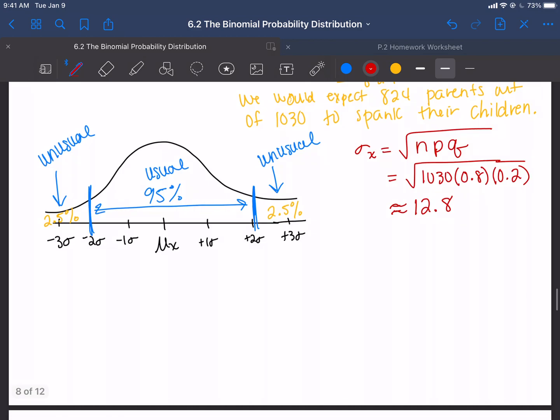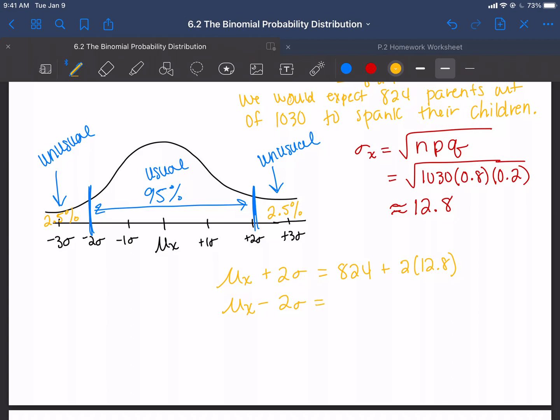So I'm going to take the mean plus 2 standard deviations, and I'm going to take the mean minus 2 standard deviations. The mean plus 2 standard deviations is going to be 824 plus 2 times the 12.8.